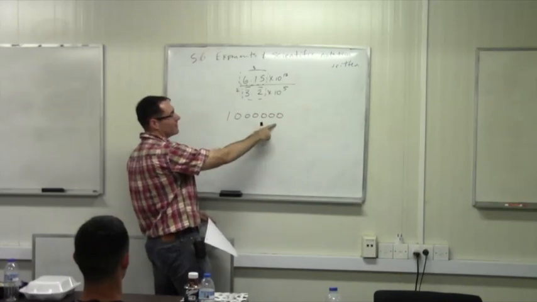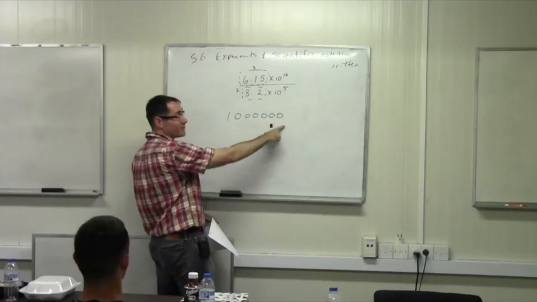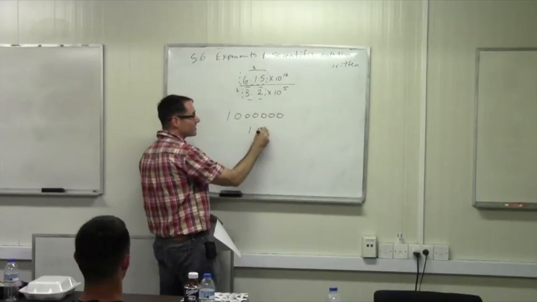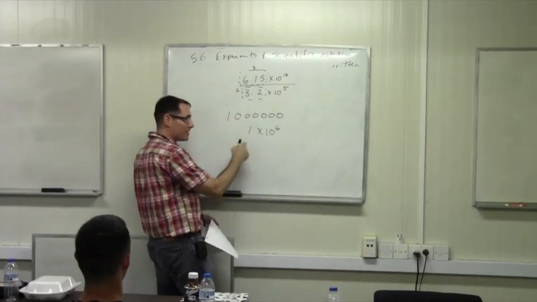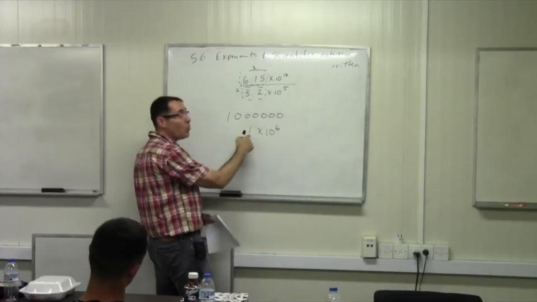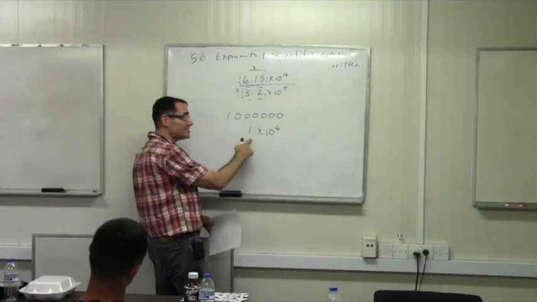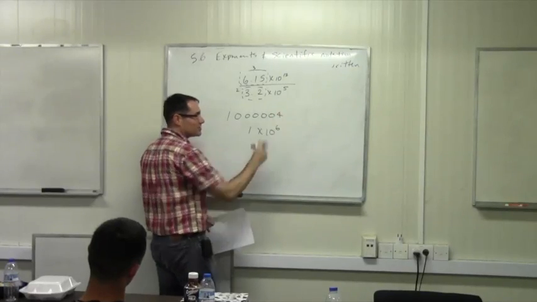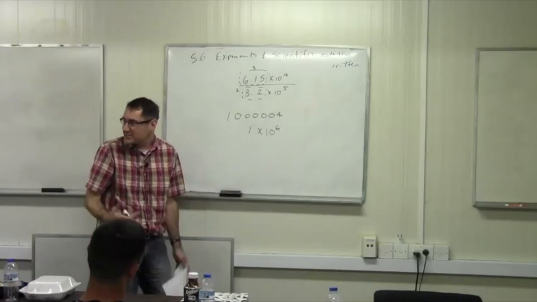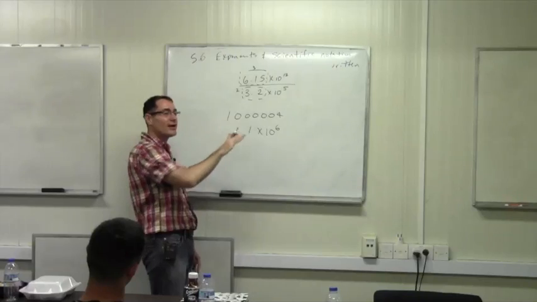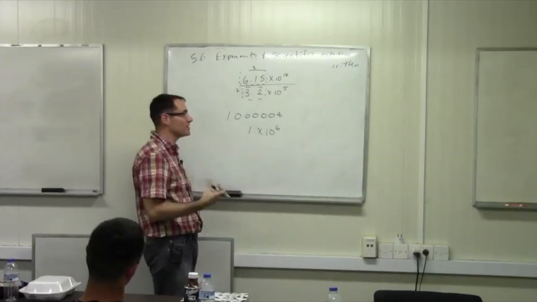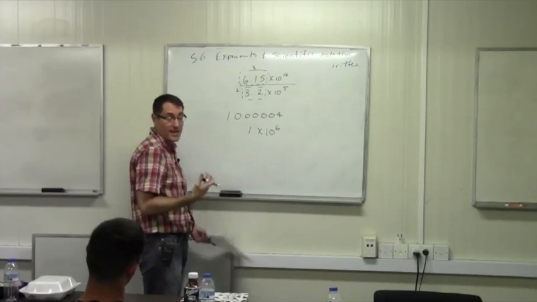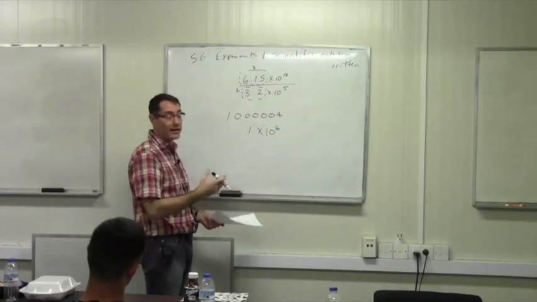Well, if you did this in scientific notation, that would be 1 times 10 to the 6th. How many digits are there? 1. You've only got one significant digit, one digit that matters. So you can't say that the dinosaur is 1,000,004 years old just because you were there 4 years ago. It just doesn't make sense. The next time that dinosaur has any kind of a birthday, as far as it knows, it'll be 2,000,000 years old. Because that's the best you can do as far as calculating how old it is.